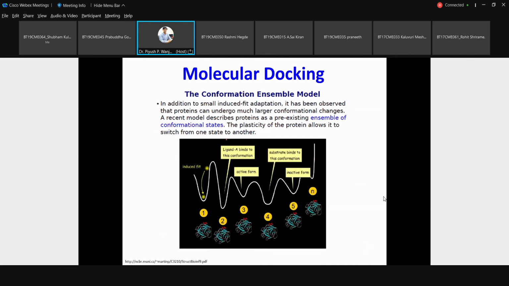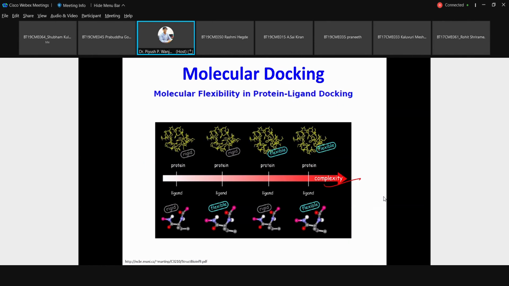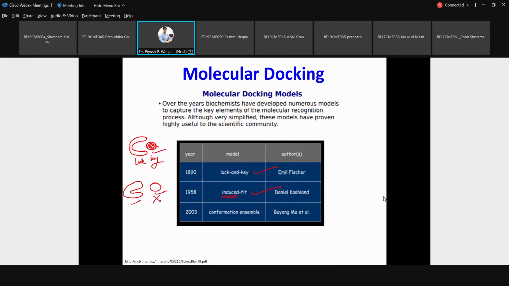So those are the two models. Now there is a third theory that has been developed just recently, compared to these theories. It is called the conformational ensemble model. So what is the meaning of that?